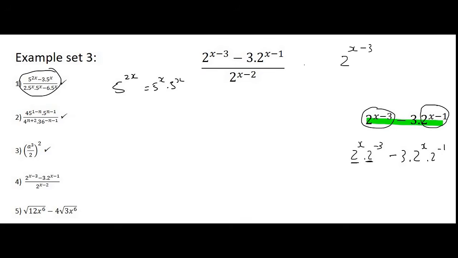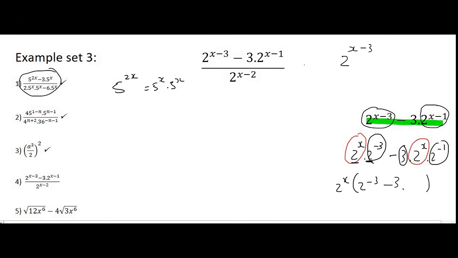And now we simply go look for common factors. And so I see a 2 to the power of x over here, and a 2 to the power of x over there. And so we can take that out in the front, and then we can open up some brackets and see what we have left over. So we've got this 2 to the minus 3 minus, and then we've got a 3, and we've got a 2 to the minus 1 left over.